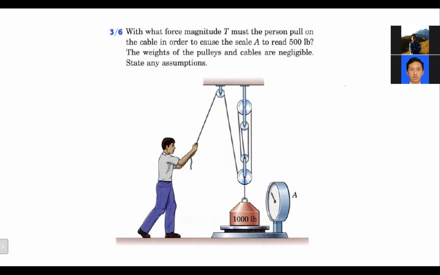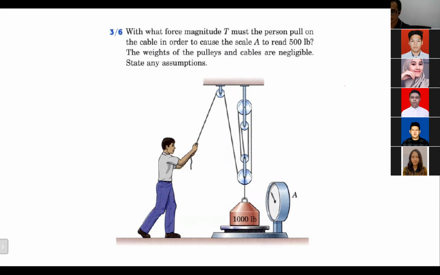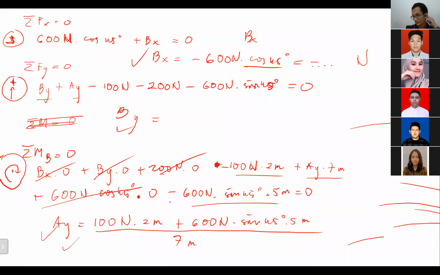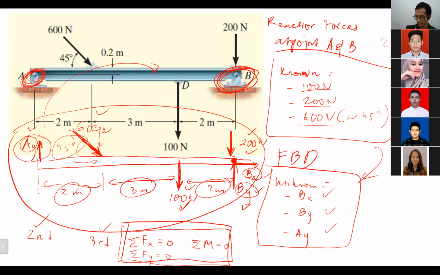Okay, Fazadira, yes. For the previous problem. How about the weight of the beam? Sometimes if the weight of the beam is not there in the problem, it is ignored. So in this problem, the weight of the beam is ignored.